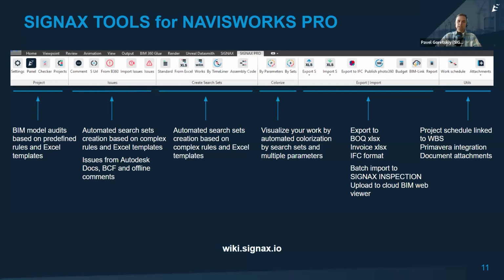The source set creation tool helps you to organize, classify, and manage your data effectively. We have different rules for creation of source sets and automatization of creation of the source sets. Colorizing helps with visualization, a tool to assign colors to elements of your model.